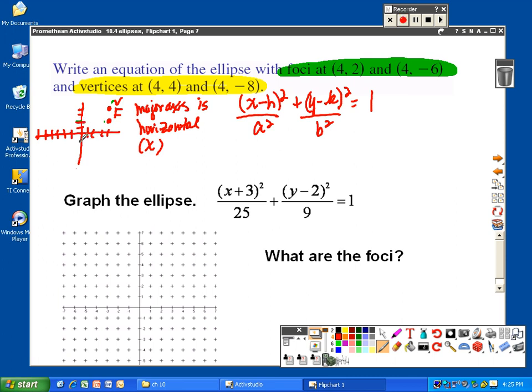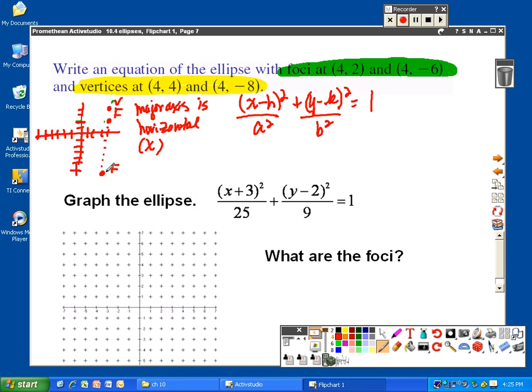1, 2, 3, 4, 5 would be here for my focus. So I have 1, 2, 3, 4, 5, 6, 7, 8 to my focus. So halfway between there would be 4 steps.